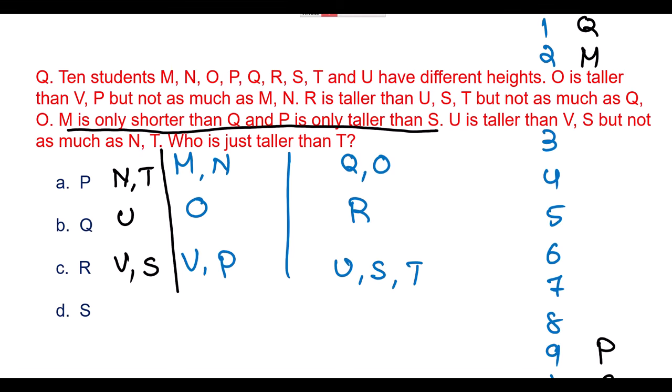Now what can be mapped? Yes, N is taller than U and O, we can understand from this data. N is taller than U, O, but not R. So we'll just try.